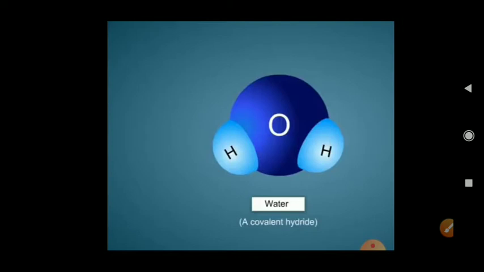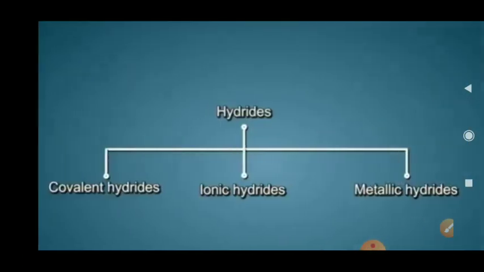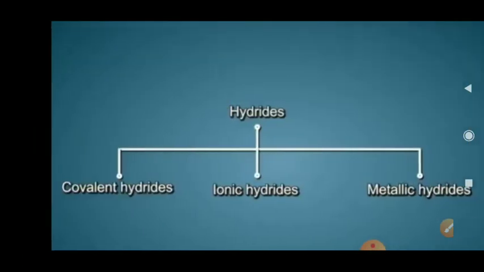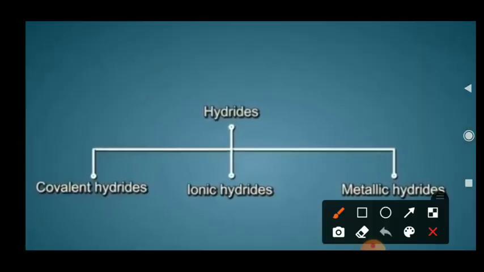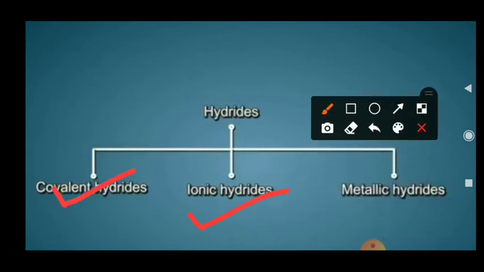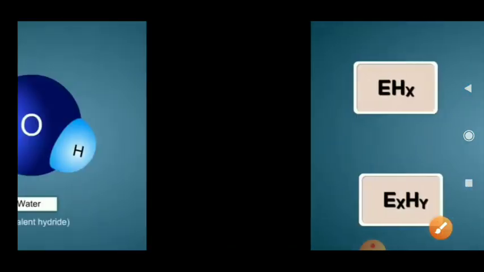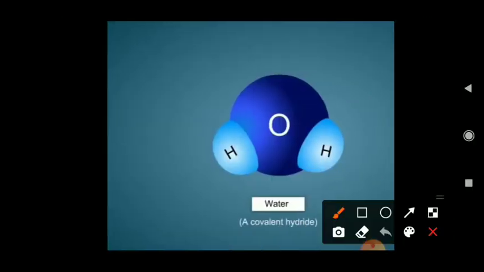Now, water is a covalent hydride. First of all, what is a covalent hydride? In this chapter, hydrides are classified into 3 types. The first is covalent hydride, the second is ionic hydride, and the third is metallic hydride. Let's start with covalent hydride. Water is a covalent hydride because hydrogen and oxygen are both non-metals, so the electrons are shared.